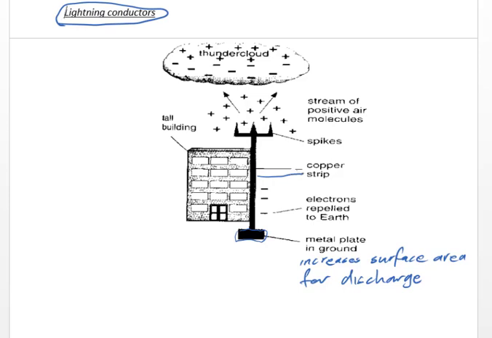Why is it a copper strip? Because it is a good conductor. It has to be a good conductor. And we have the spikes here. Why sharp spikes here?